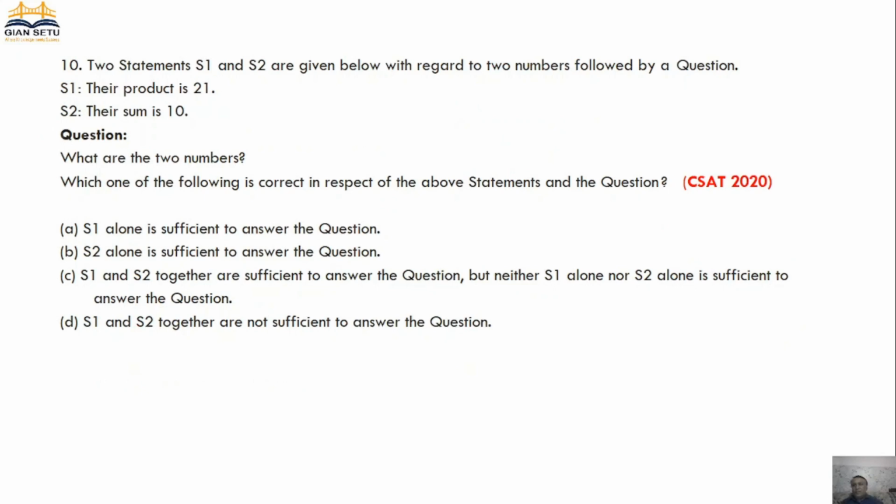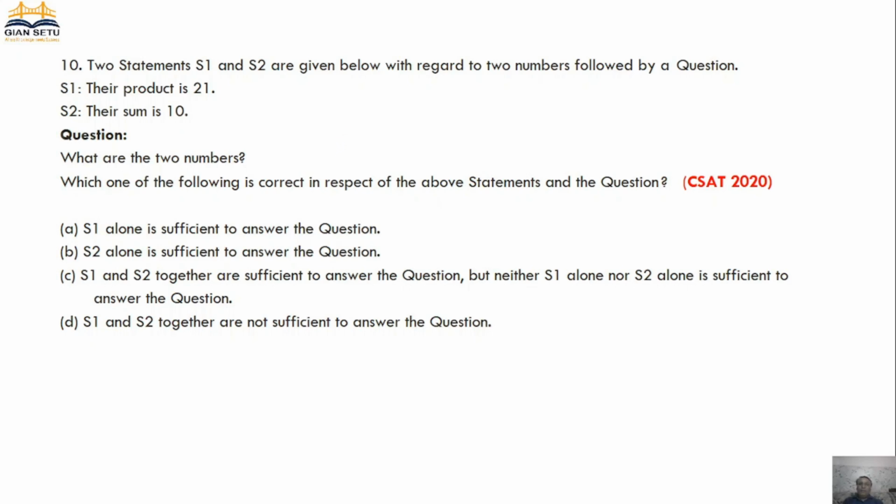Now let's see question number 10. Two statements S1 and S2 are given below with regard to two numbers followed by a question. Statement 1 is their product is 21 and their sum is 10. And the question is, what are the two numbers?